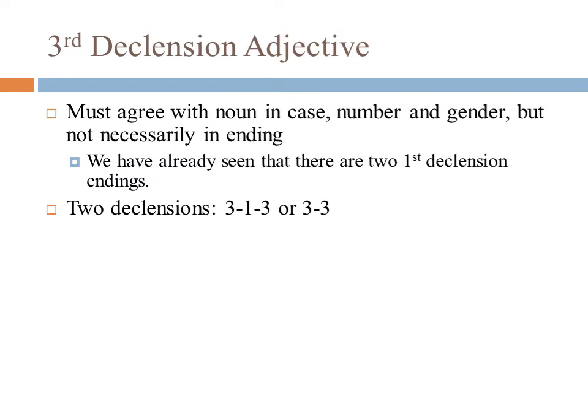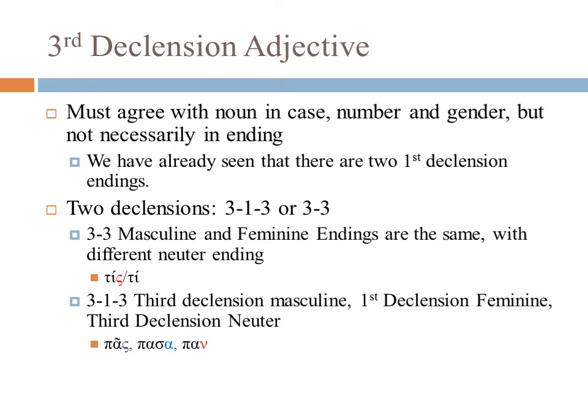But a lot of nouns and adjectives are going to be 3-3. And the reason for that is the masculine and feminine have the same endings, so we can easily have a 3, which is masculine and feminine, and 3 neuter. So we have 3-3, masculine and feminine are the same with different neuter endings.